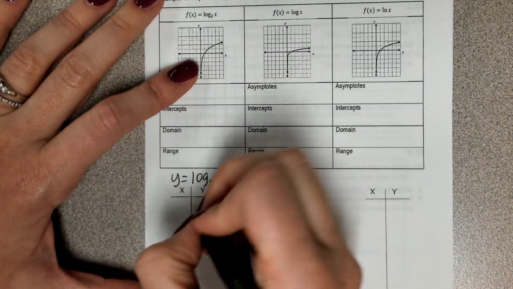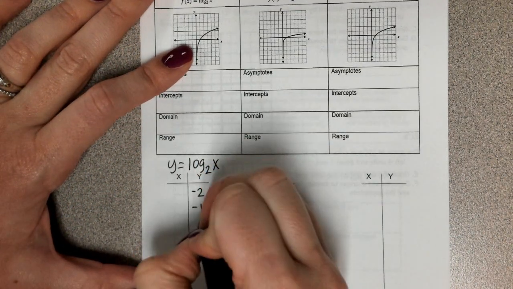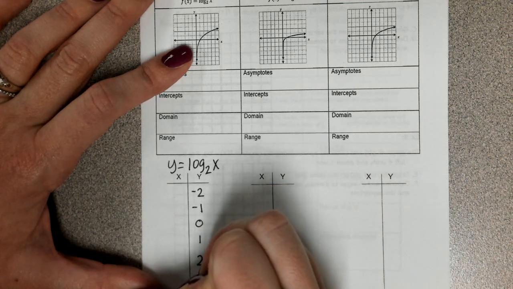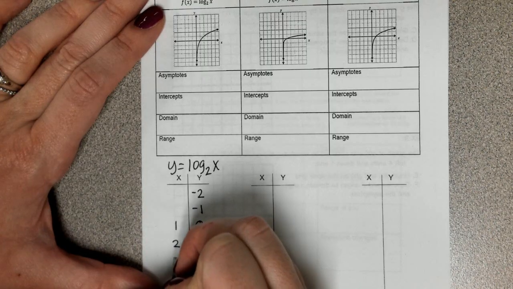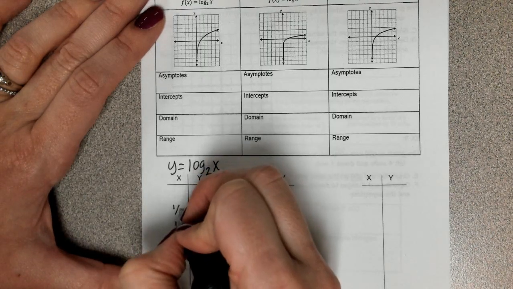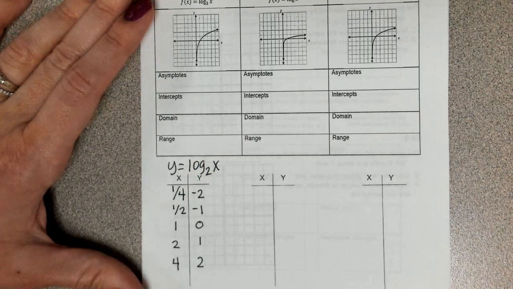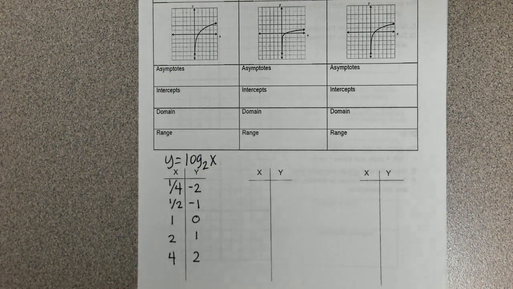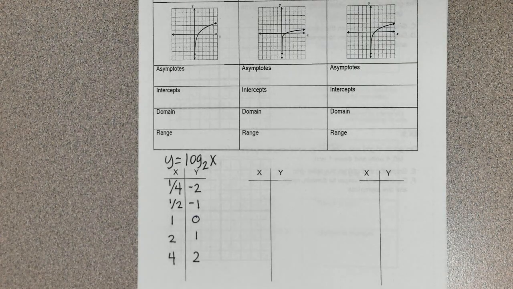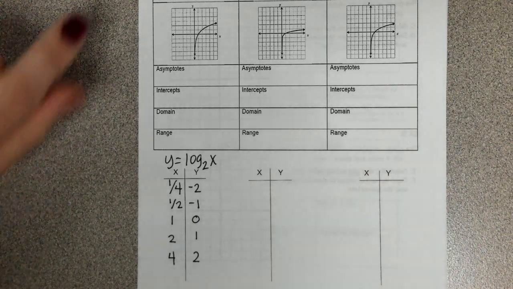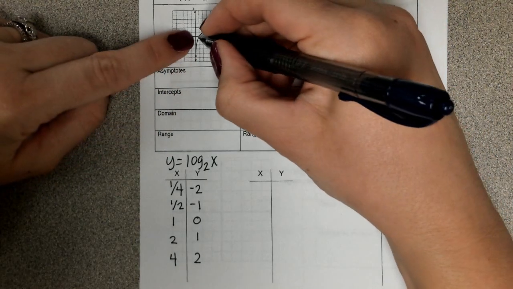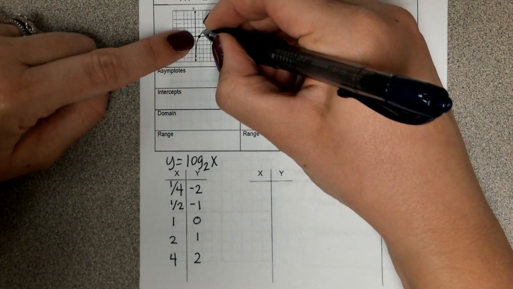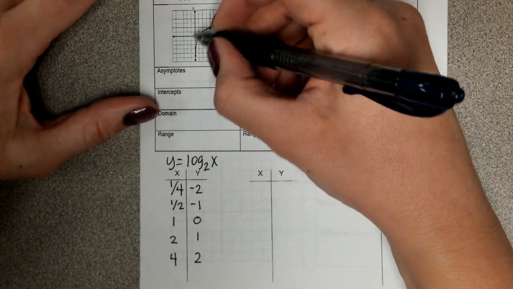So I'll write my y's on this side: 0, 1, 2, and the x's are 1, 2, 4, 1 over 2, and 1 over 4. There are more points than that, but that's just a good sampling of points. And that graph is already here for you. You could identify the points right here: (1, 0), (2, 1), (4, 2).